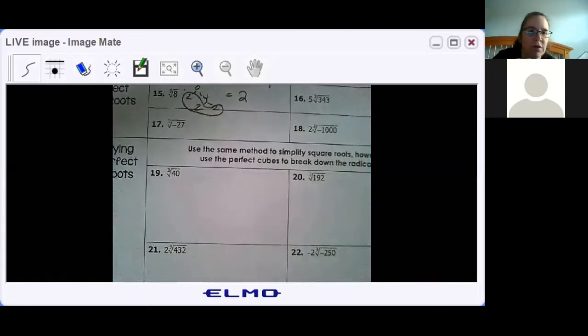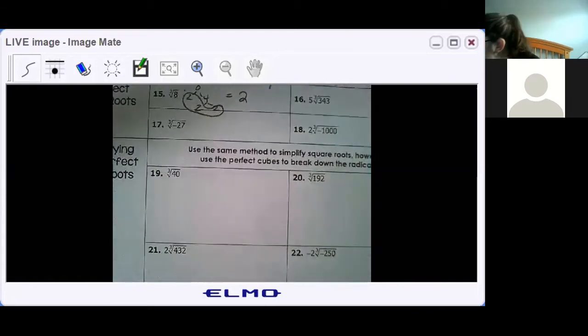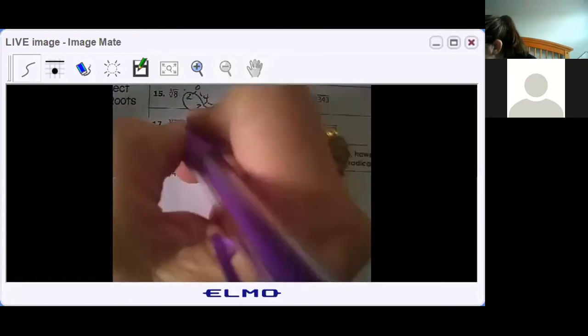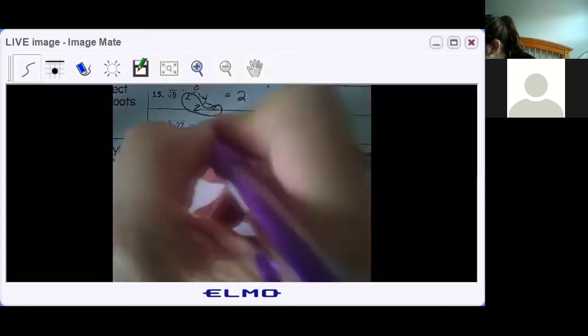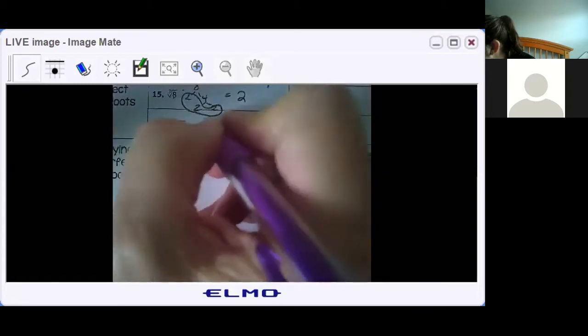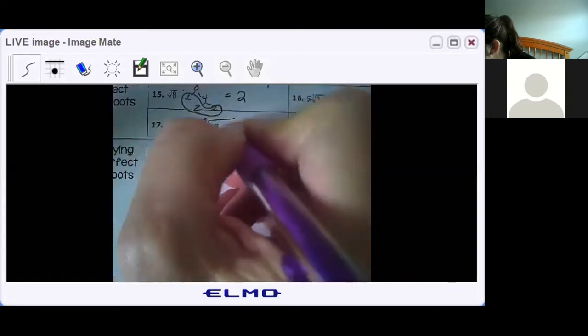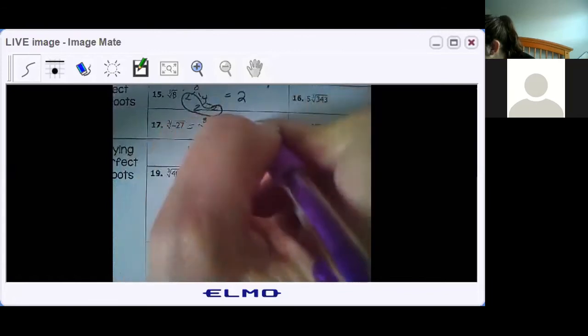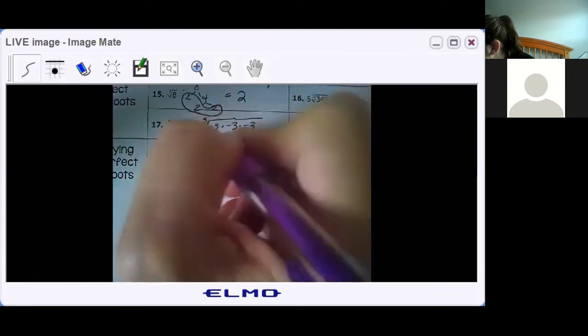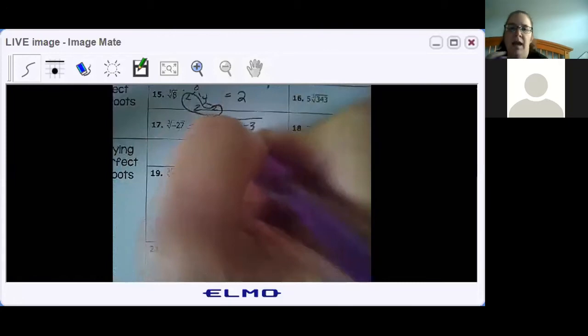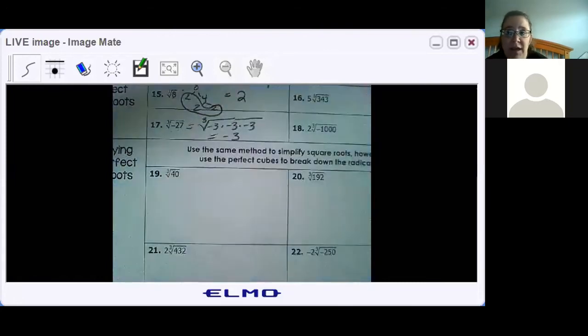Like on number 17, the cube root of negative 27 is the cube root of negative 3 times negative 3 times negative 3. So it's just negative 3. And that's something you have to be careful of with cube roots that you don't have to worry about with square roots, is that sign, that positive or that negative.